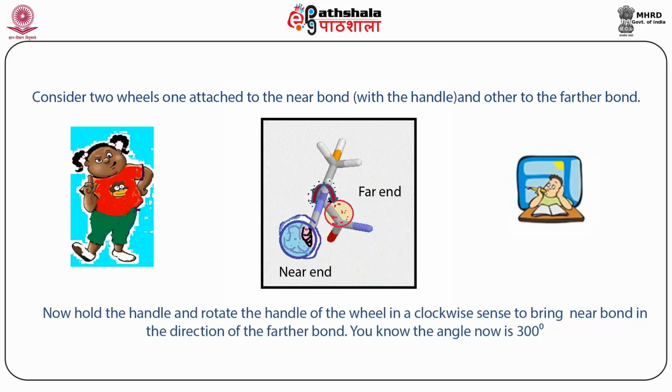Now, let's rotate the near wheel till that handle or the bond comes in the direction of the further bond and measure the angle. In the present case, the angle is 300 degrees. So we know the difference between 300 and 60 degrees.